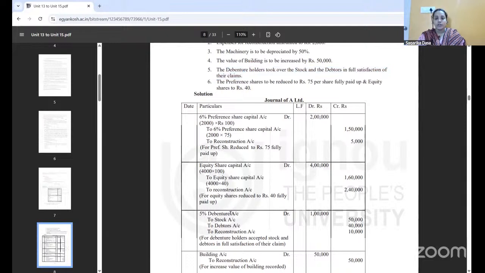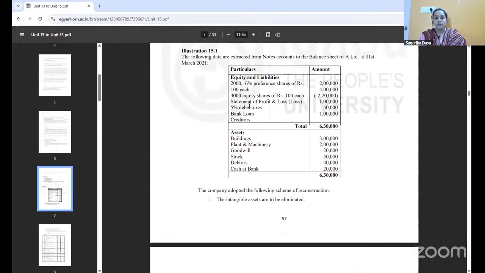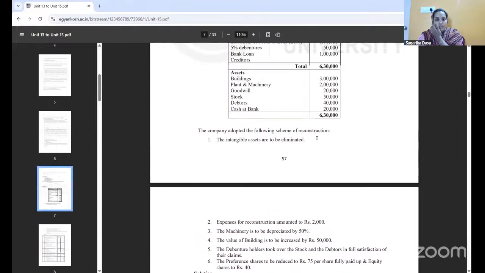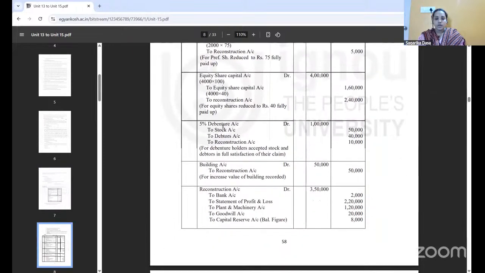So debenture holders stock and debtors complete గా తీసుకున్నారు. యాక్చువల్ డిబెంచర్స్ వాల్యూ ఎంత ఉంది మనకి, డిబెంచర్స్ ఆర్ 1 lakh. సారీ, ఇది అప్ అండ్ డౌన్ ఉందమ్మా, కొంచెం చూడండి. డిబెంచర్స్ ఈజ్ 1 lakh, లోన్ ఈజ్ 50,000, క్రెడిటార్స్ ఈజ్ 1 lakh. సో డిబెంచర్స్ మనకి 1 lakh. సో 5% డిబెంచర్స్ అకౌంట్ డెబిట్ ఆర్ 1 lakh. స్టాక్ ఆల్రెడీ మనకి అసెట్స్ లో ఉంది. స్టాక్ ఈజ్ 50,000, డెబిటర్స్ ఈజ్ 40,000. సో to stock account 50,000, to debtors account 40,000. 1 lakh minus 50 minus 40, if you do 10,000, that is your reconstruction.